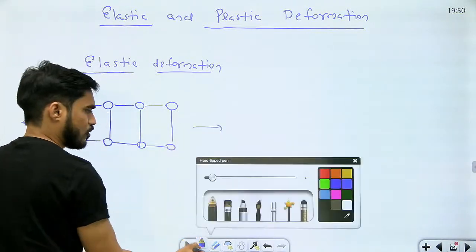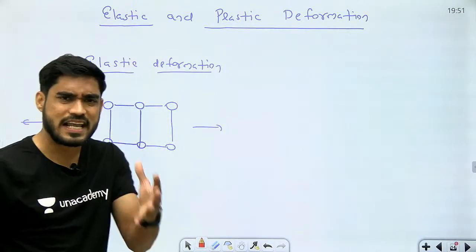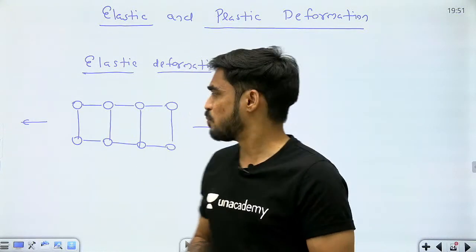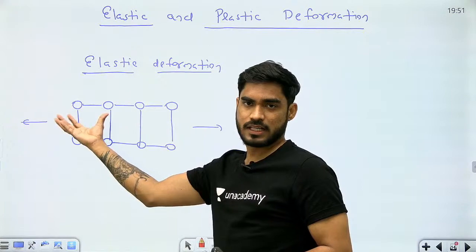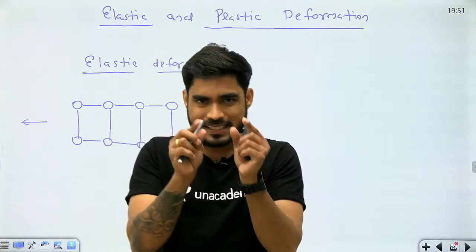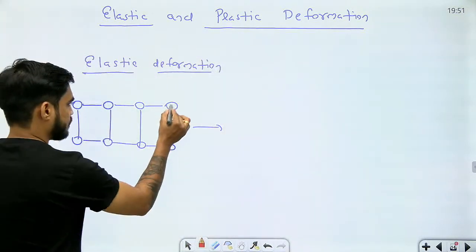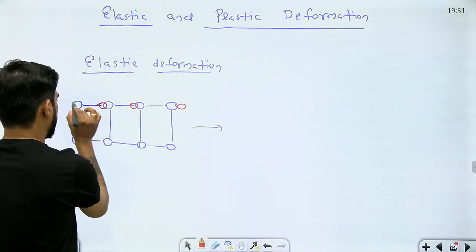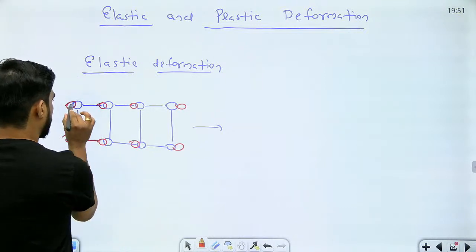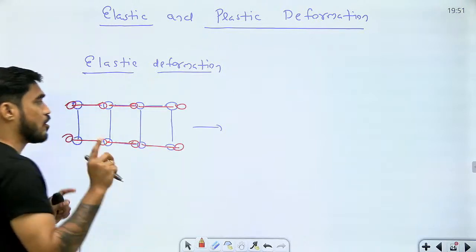So under this tensile load what happens, if the load is very less, agar load ki value kam hai, if the load is less, then these bonds are not broken. The atoms are still connected by the bonds, but these bonds are stretchable, they are like springs, so they will stretch. ये क्या हो जाएंगे, अपनी अपनी जगह से थोड़ा हिल जाएंगे, like this. They are going to elongate like this, but the bonds are not broken.